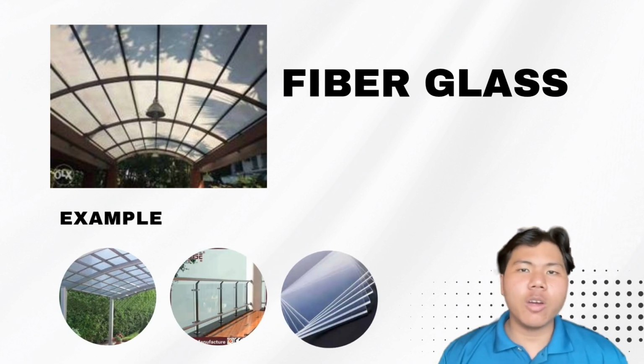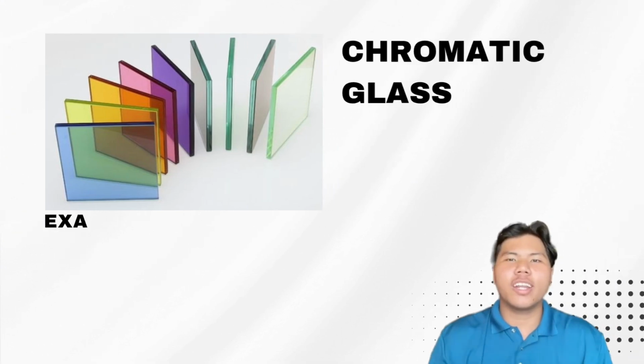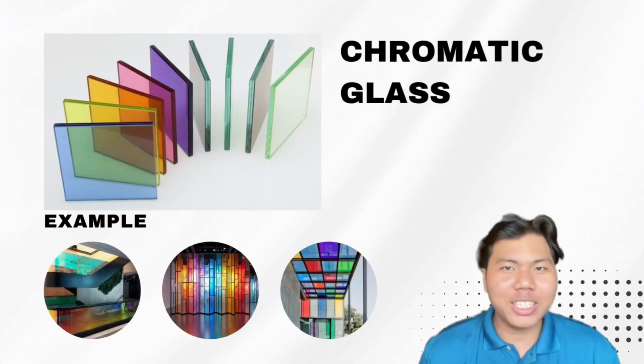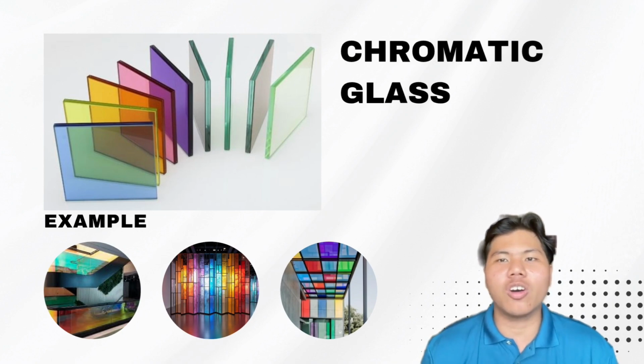Fiberglass is a lightweight, strong, and versatile material made of extremely fine glass fiber and a polymer matrix. The last one is chromatic glass, a type of glass that can change its transparency or opacity on demand, often through electrical or thermal means.